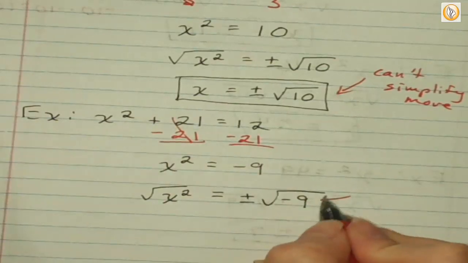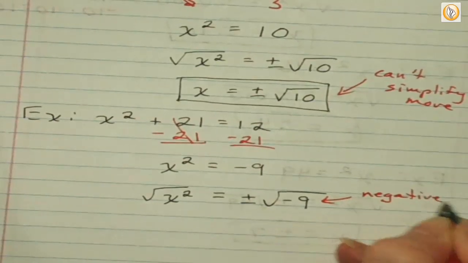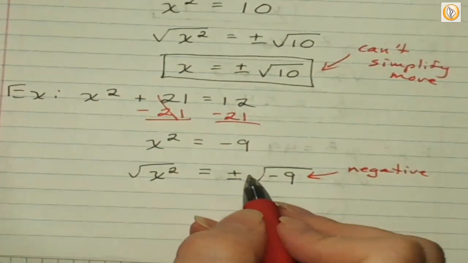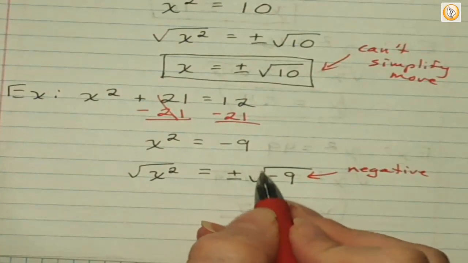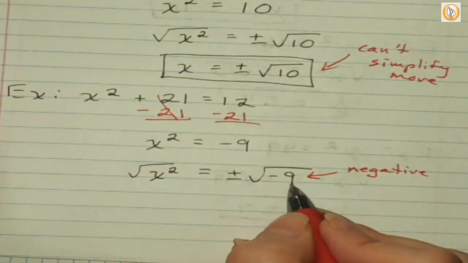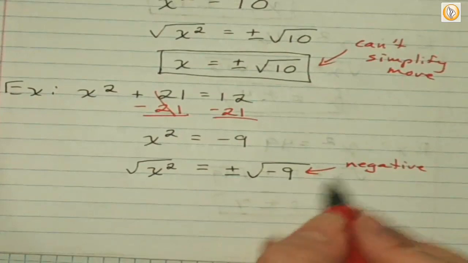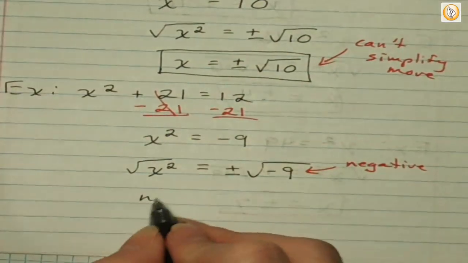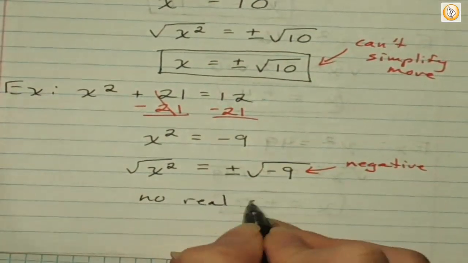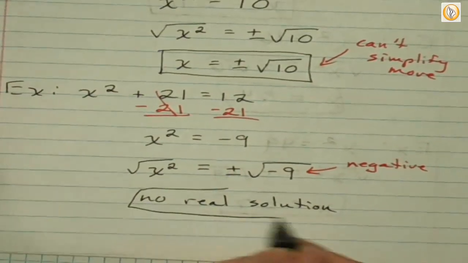Very good. If the radicand is negative and this has an even root, then it is no real solution. So you are correct. Natalia, that answers your question about the negative.